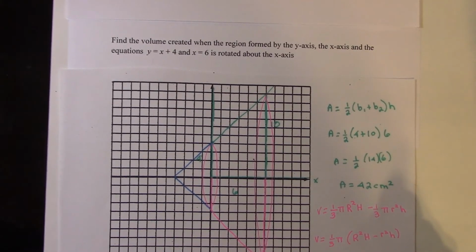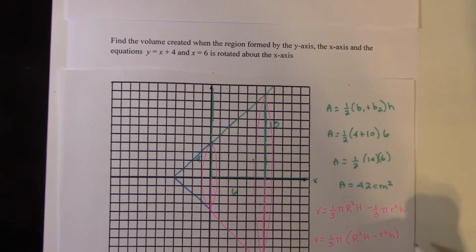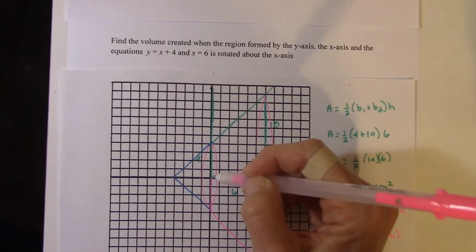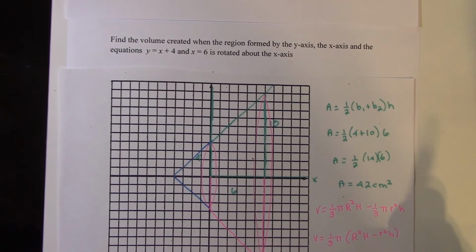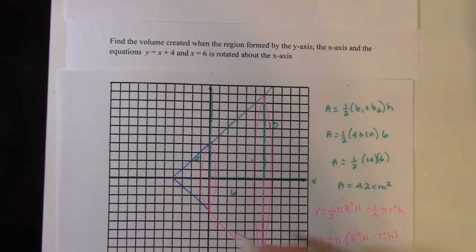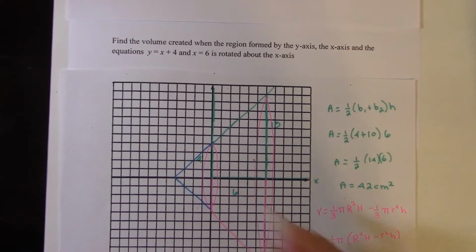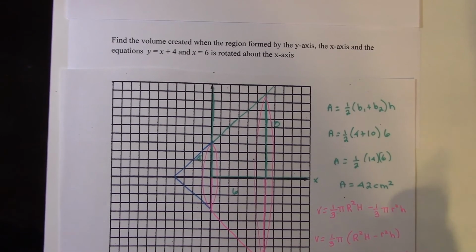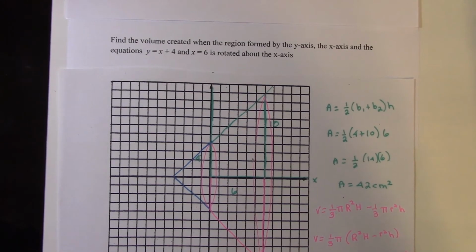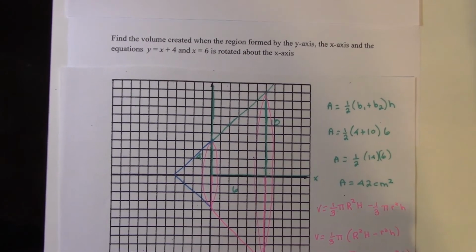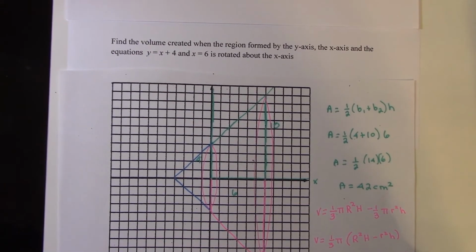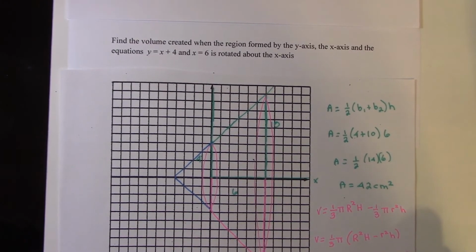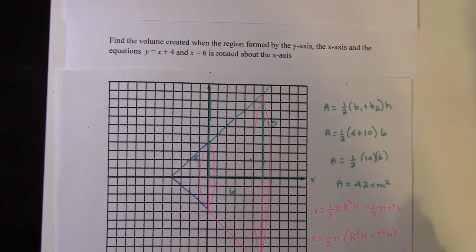Minus the little cone, the radius of the little cone is 4, and the height of this little cone is also 4. And so I get the volume is 1/3 pi times 1,000 minus 16 times 4, which is 64.